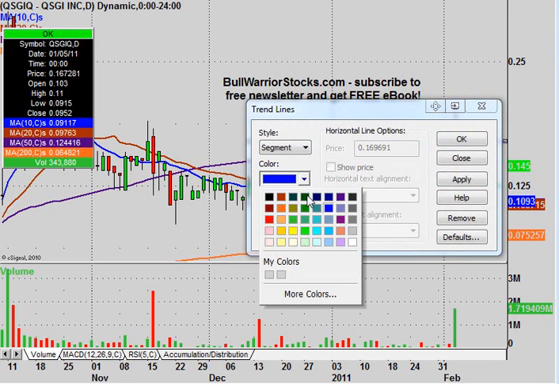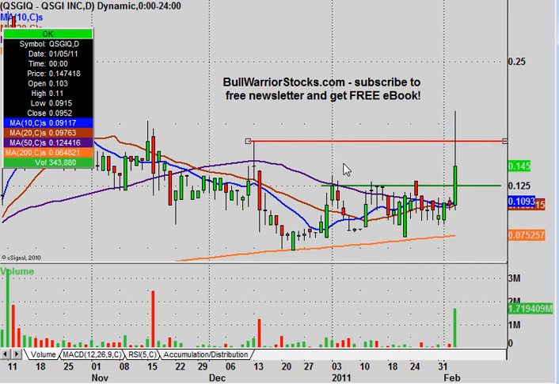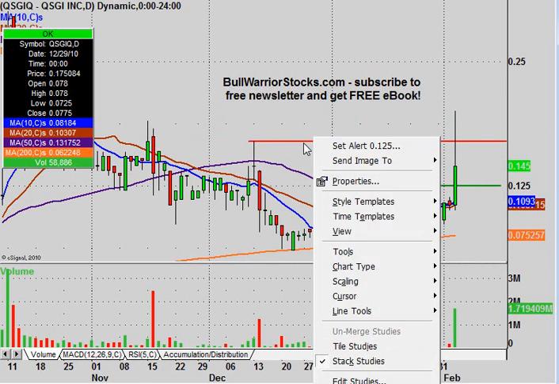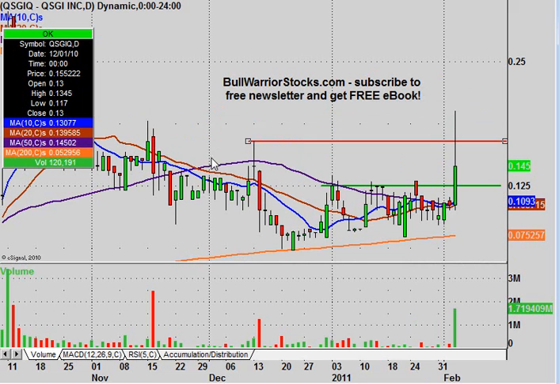So let me change that to red for our resistance. And then we have another high over here. Once again, not sure why it's doing that. That's odd, but let's try that again, and if I can't reach it all the way over, just keep in mind that this is another area of resistance.